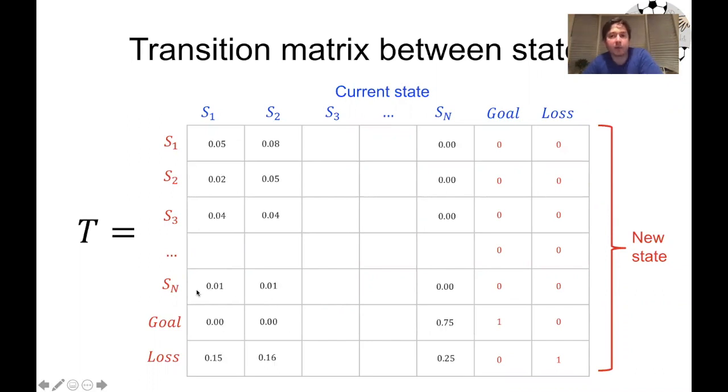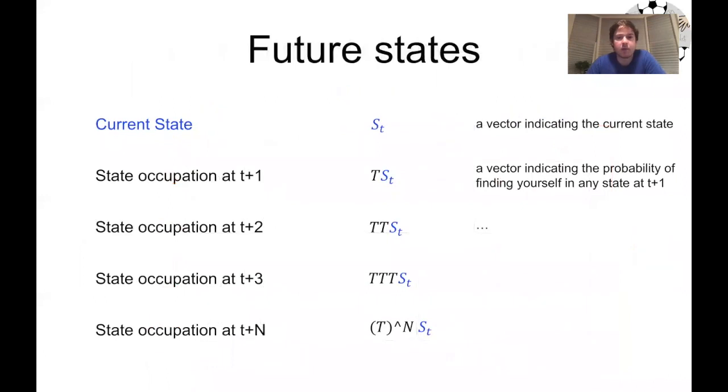And so using a large sample of event data, you can essentially begin to fill in this transition matrix. And once you've measured the transition matrix, you can use it to calculate the probability that a possession will end in a goal given whatever state you currently find yourself in. So, for example, if S is the current state at time t, you can calculate the probability of finding yourself in any of the other states after the next event by multiplying S by the transition matrix.